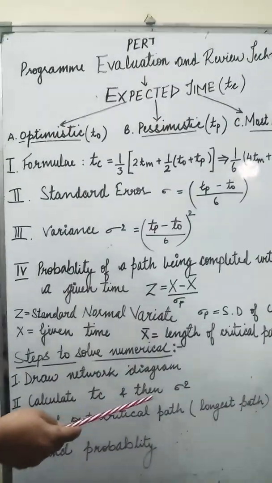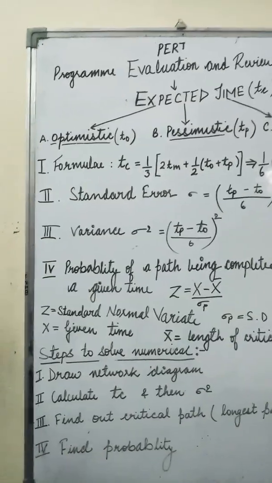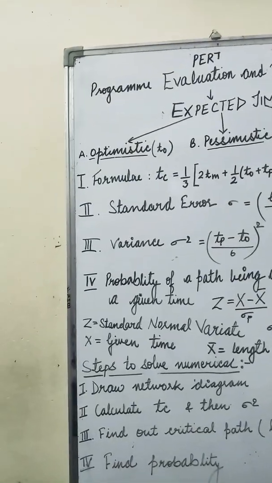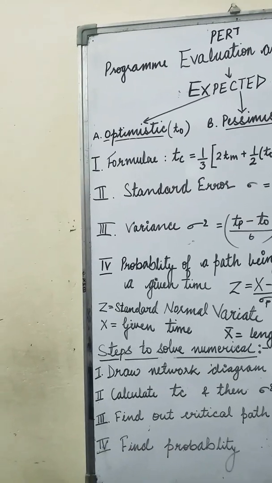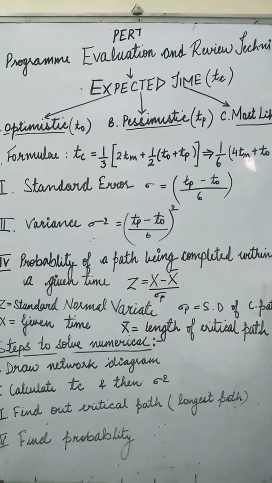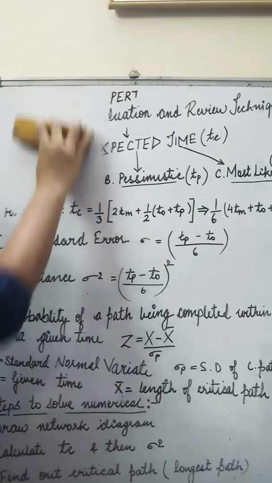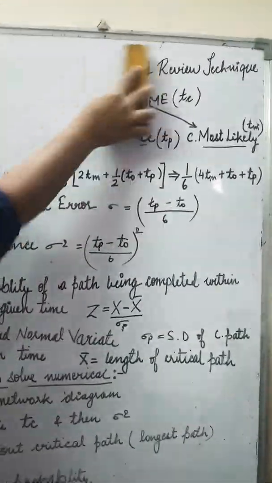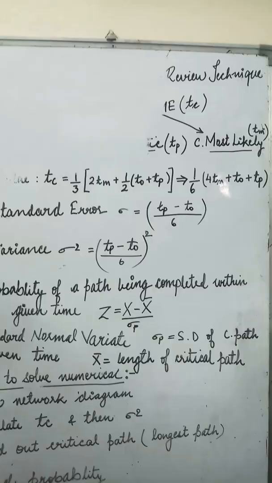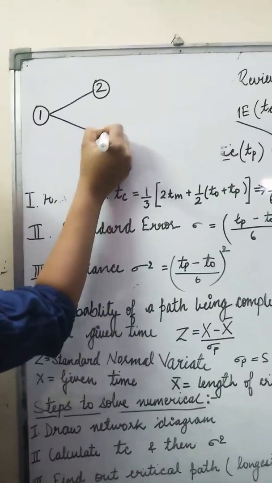After finding out this total expected time TC, whenever you draw the network diagram, you have to mention that time between the two activities. I'll show you through the diagram. If you make a diagram like this: 1, 2, 3.